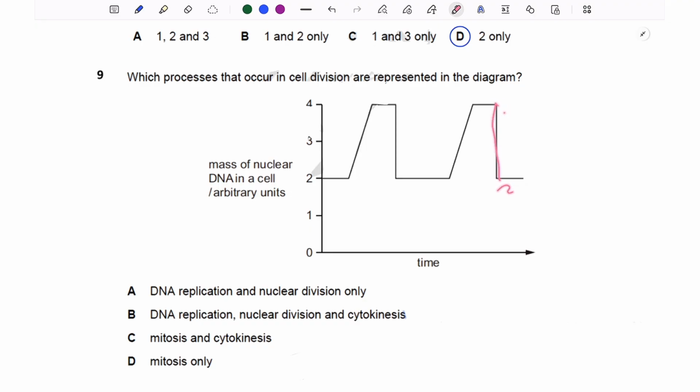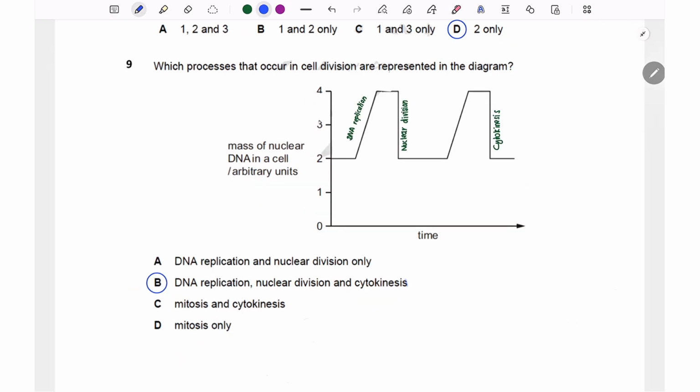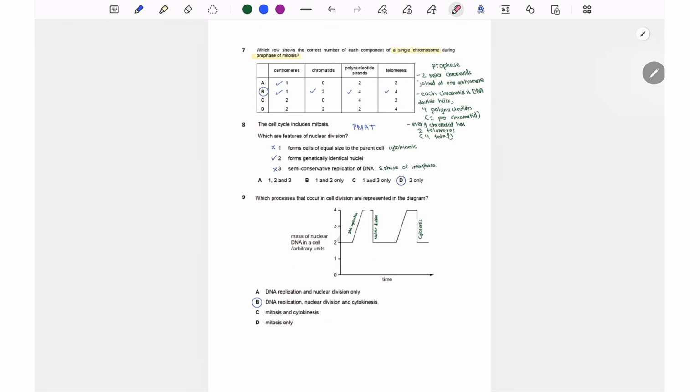It's going back to 2 in one cell. So each cell is going to have it at 2. So it's going to be B, this answer. Everything else is missing something. So that's the only one that's right.